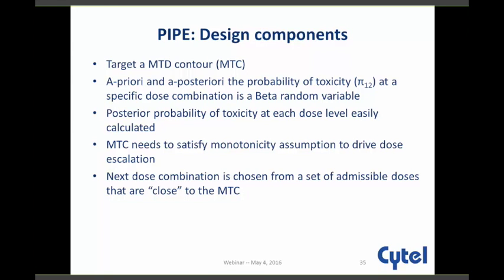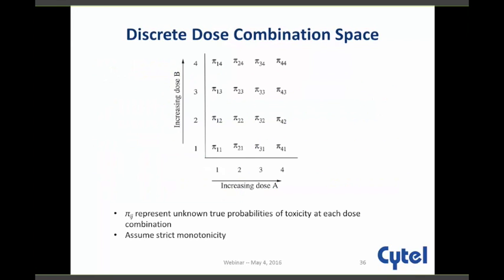These are doses that are close or adjacent to this line that separates toxic from non-toxic doses, and try to get the ones that are closest to this line. We have a discrete dose combination space. πij will represent this unknown true probability of toxicity at each dose level.